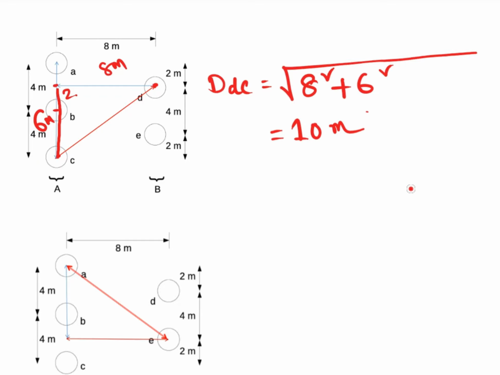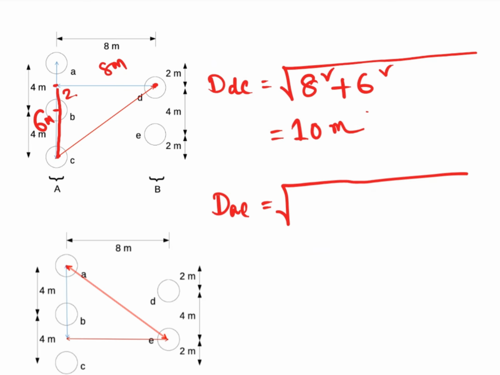Same as the distance from A to E. So distance A to E is equal to square root, as this is the hypotenuse, we have to evaluate from A to E, and of course this is a right angle triangle.